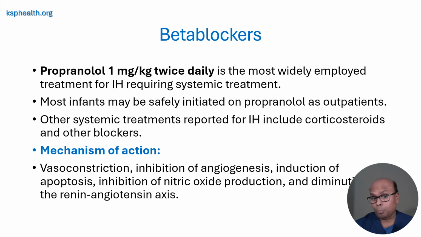How to treat? Propranolol 1 milligram per kilogram twice daily is the most widely employed treatment for hemangioma requiring systemic treatment. Most infants may be safely initiated on propranolol as outpatients. Other systemic treatments reported for hemangioma include corticosteroids and others. How does it act?